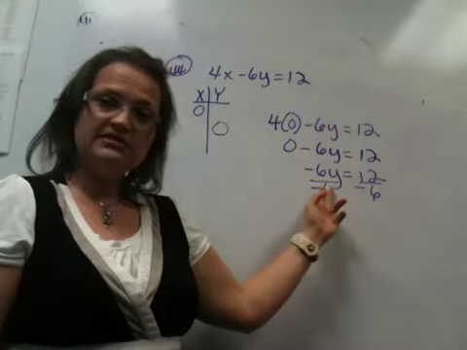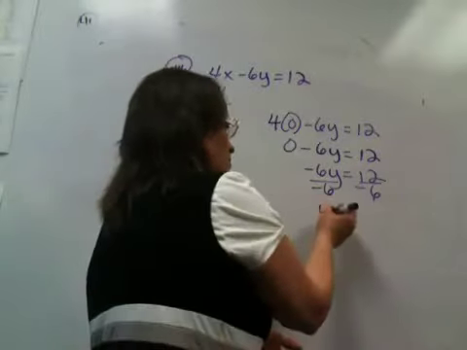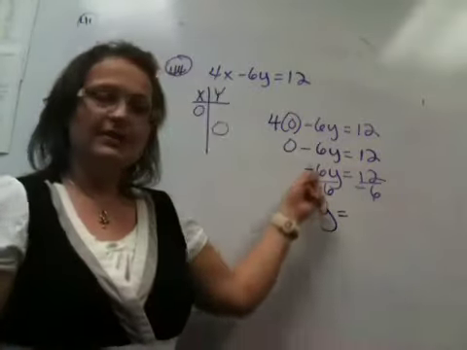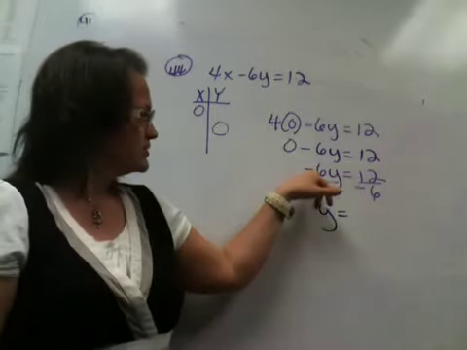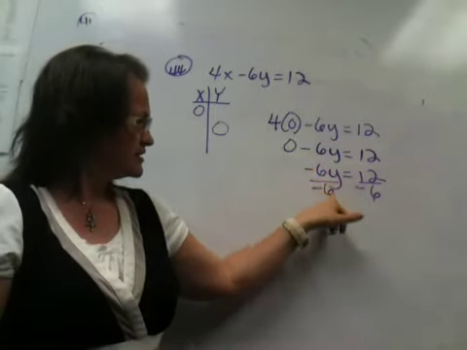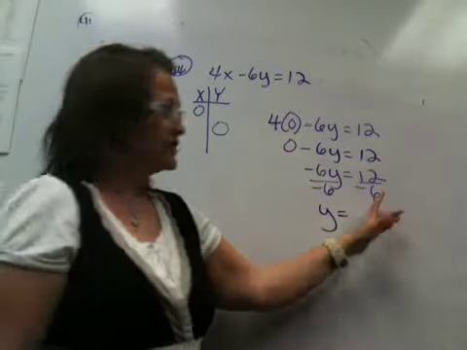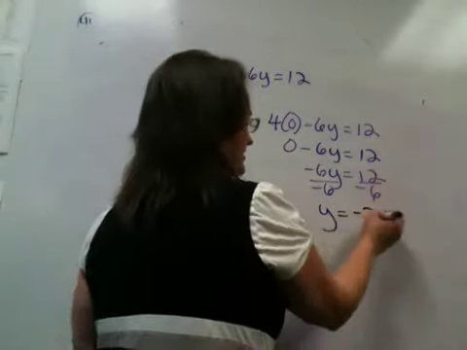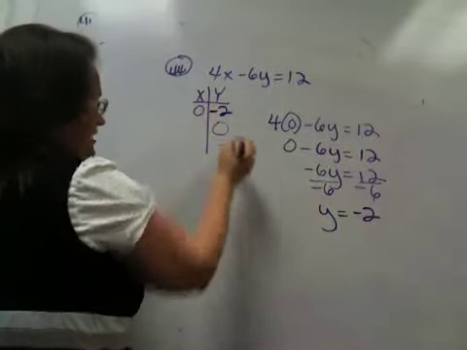Divided by negative 6 is positive 1, so it cancels that out and makes it a positive 1y. We always want to divide by the same sign so that it cancels out and makes it positive. So negative 6 divided by negative 6 to get our y alone. Do the same thing to the other side to keep the balance. 12 divided by negative 6 is negative 2. So when x is 0, y is negative 2.